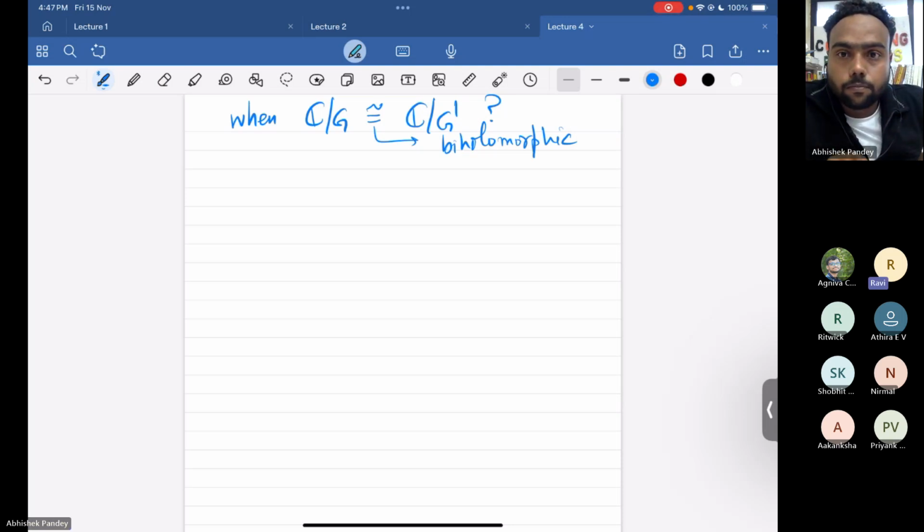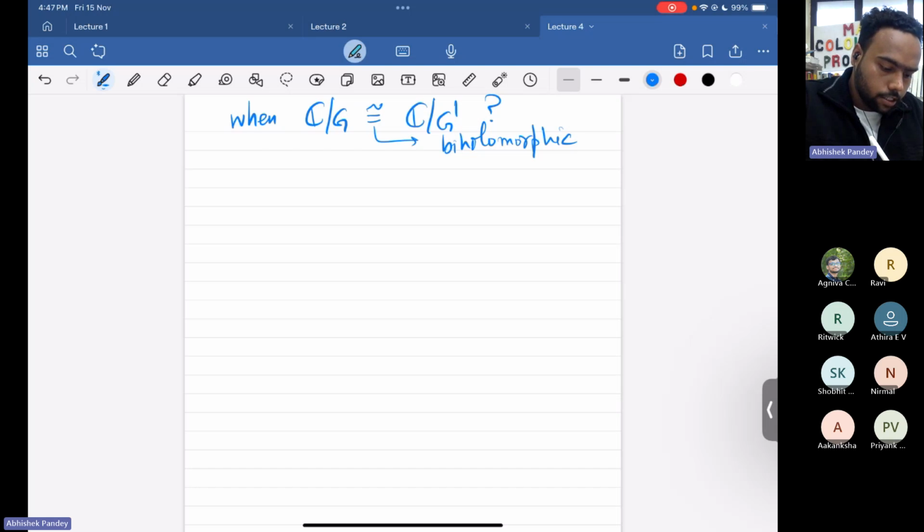On G we have w1 and w2, and on G prime we have some w1 prime, w2 prime. Yeah, exactly. And we want to check when these two are equivalent. Observe that this quotient space and this quotient space are basically homeomorphic.